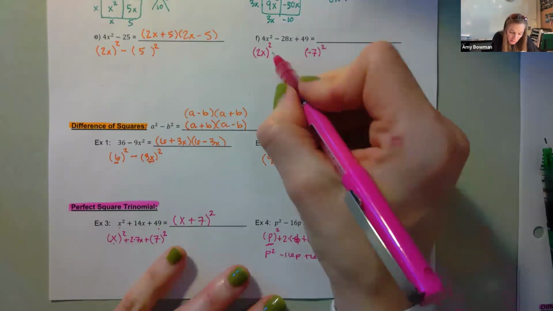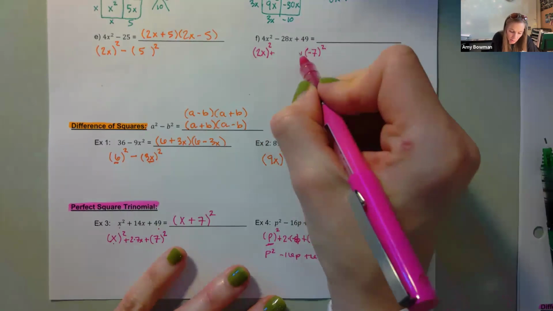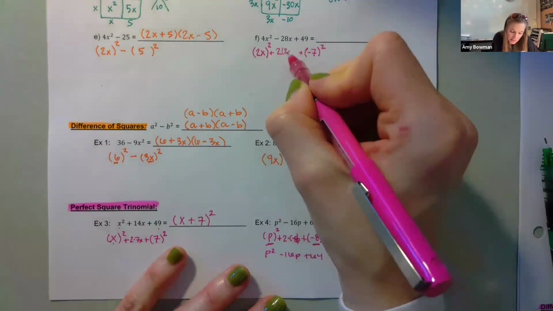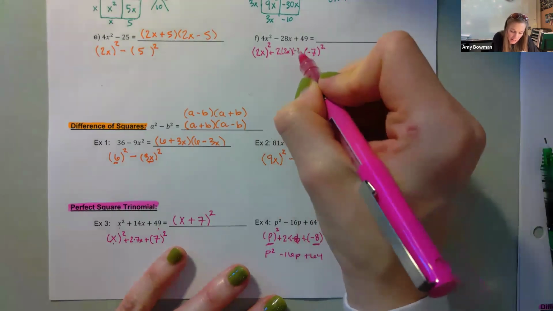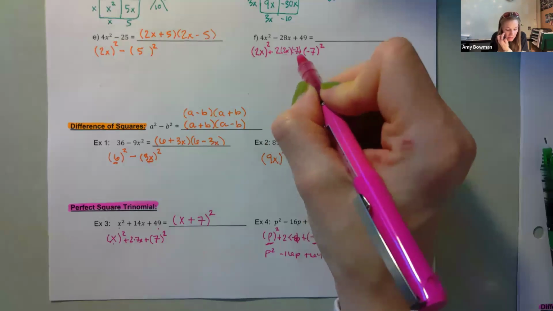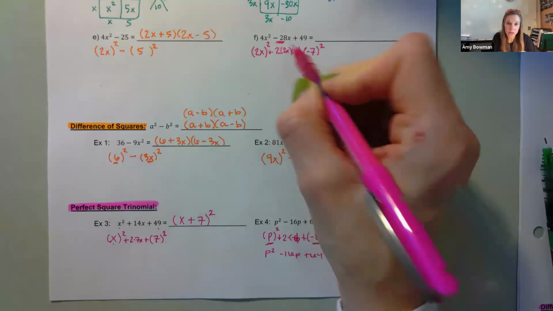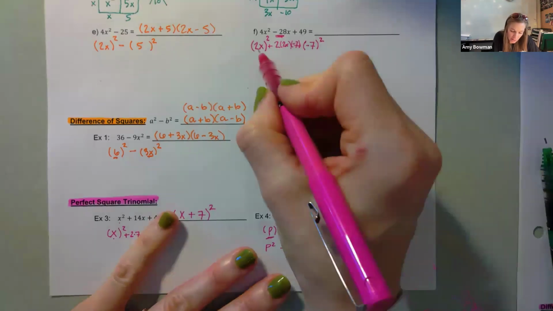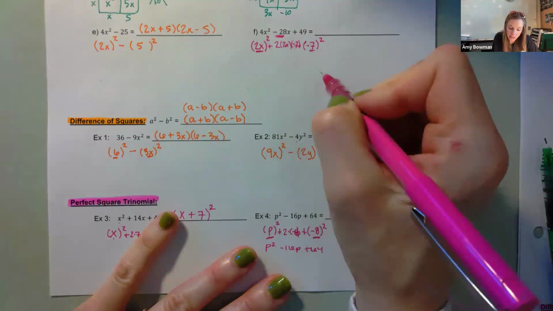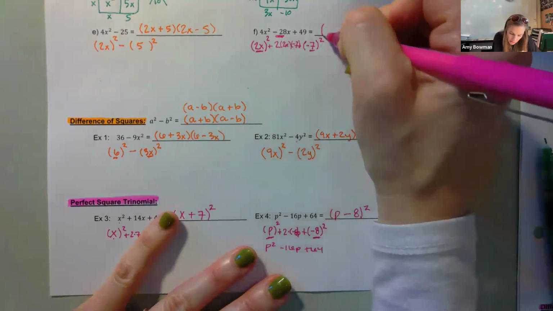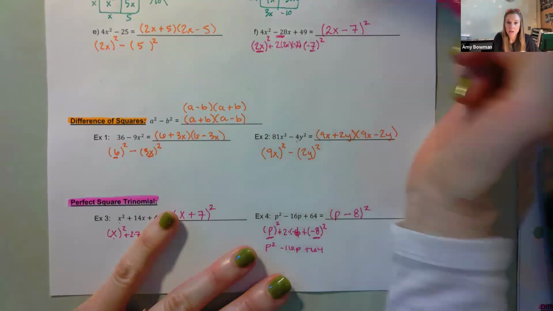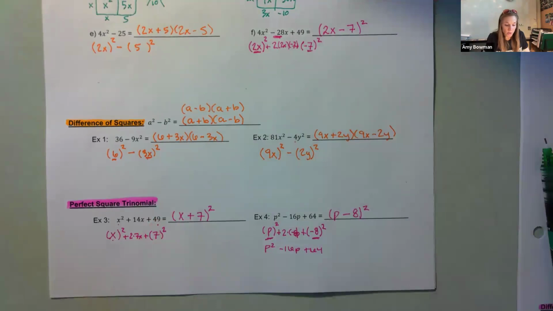And then this middle term will be 2 times the 2x times the negative 7. So that's where you get 2 times 2 is 4 times negative 7. That's where you get the negative 28. So this, again, the 2x is what's being squared to get 4x squared. The negative 7 is being squared to get 49, which means the factorization would just be 2x minus 7 squared.